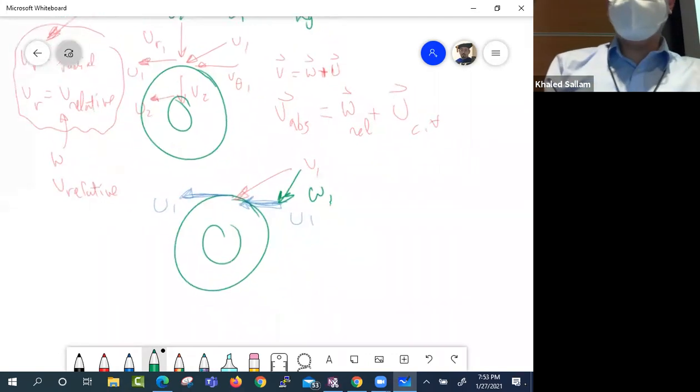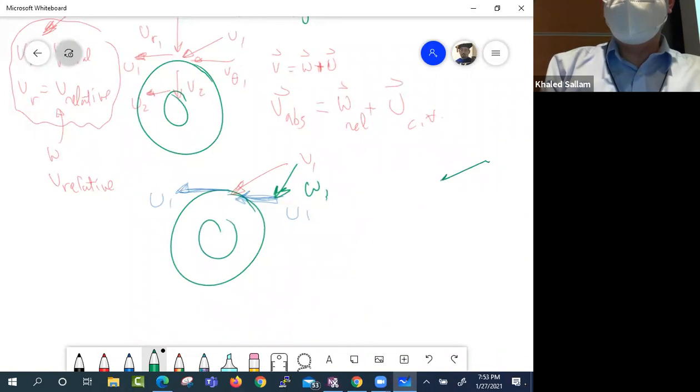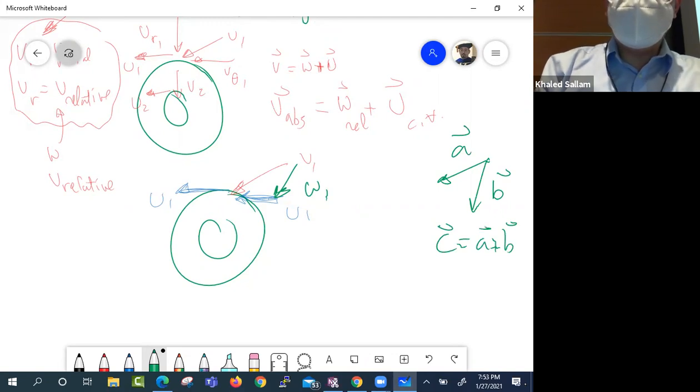And some students get confused when they add vectors. If you give them vector A and vector B, and tell them to add them and tell you what C is, which is A plus B, they get confused. How do we do this?